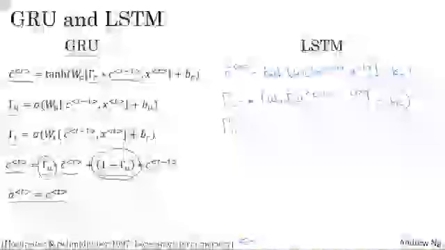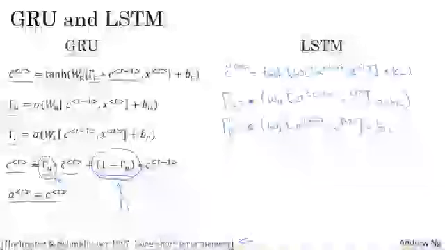And then we will have an update gate, same as before. So W_u, and I'm going to use a_(t-1) here, x_t, and then plus b_u. And one new property of the LSTM is instead of having one update gate control both of these terms, we're going to have two separate terms. So instead of gamma_u and 1 minus gamma_u, we're going to have gamma_u here and a forget gate, which we're going to call gamma_f.